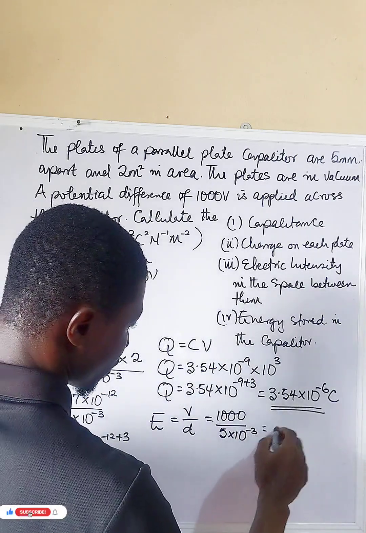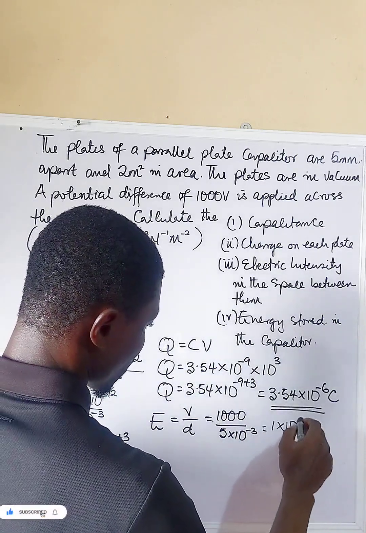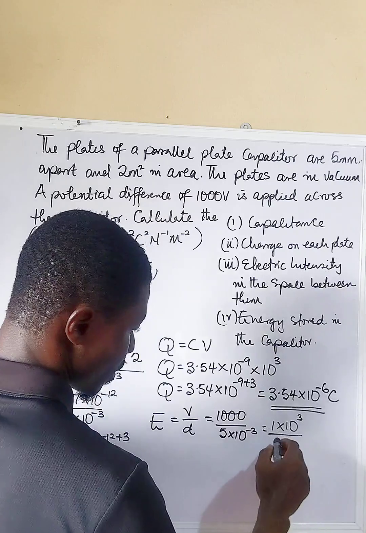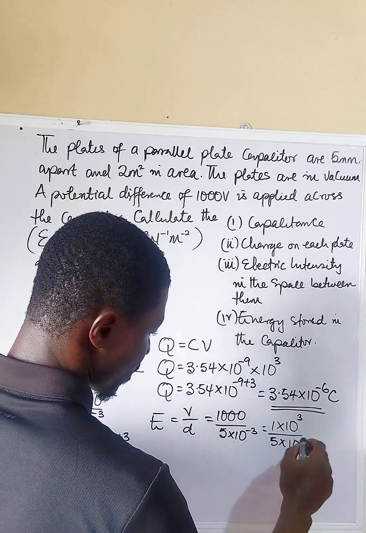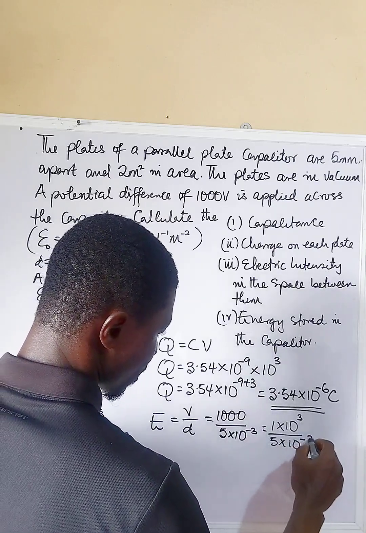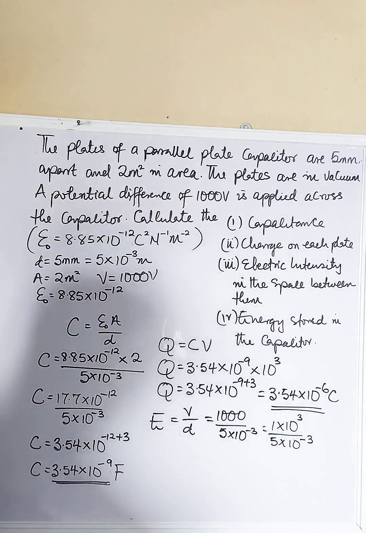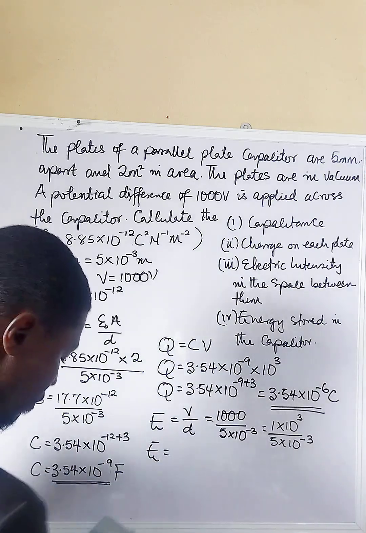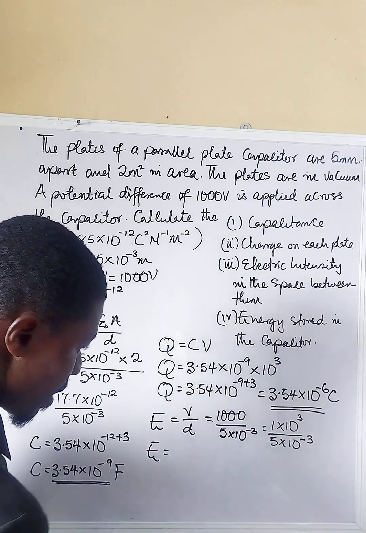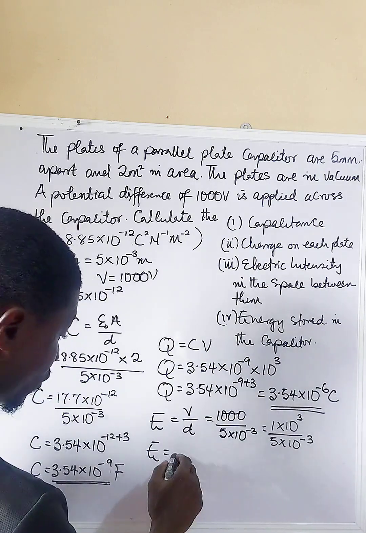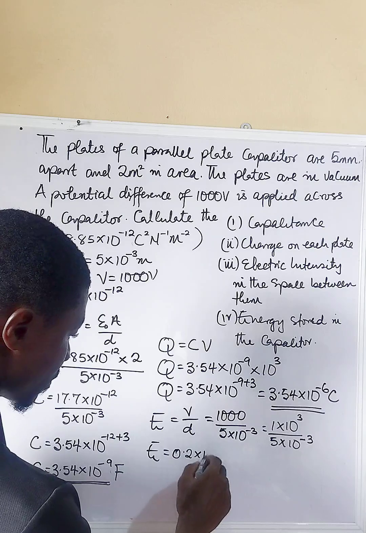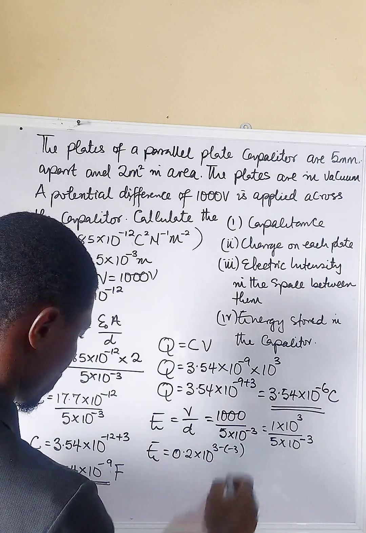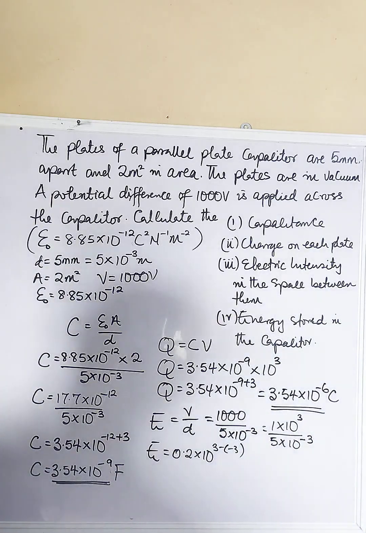So we have 1 times 10 to the power 3 in the numerator, all over 5 times 10 to the power of minus 3. 1 divided by 5 is 0.2, times 10 to the power of 3 minus minus 3, which will be plus.